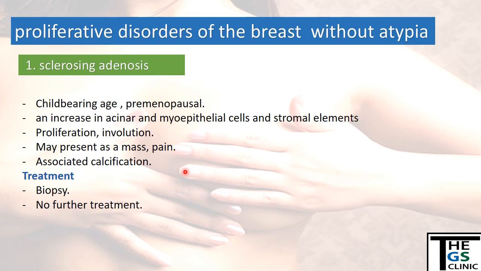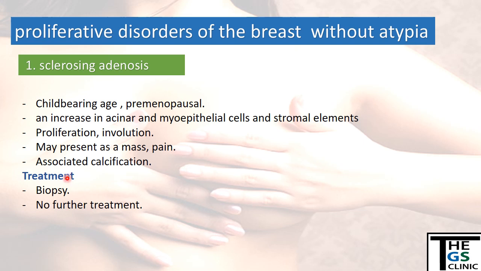Sclerosing adenosis is a condition where there will be a hard mass. This hard mass usually happens in the childbearing age and in the premenopausal period. This is because of the high hormonal effect on the breast tissue that will lead to increased proliferation in the acinar, myoepithelial cells, and the stromal elements of the breast. This effect is not continuous.